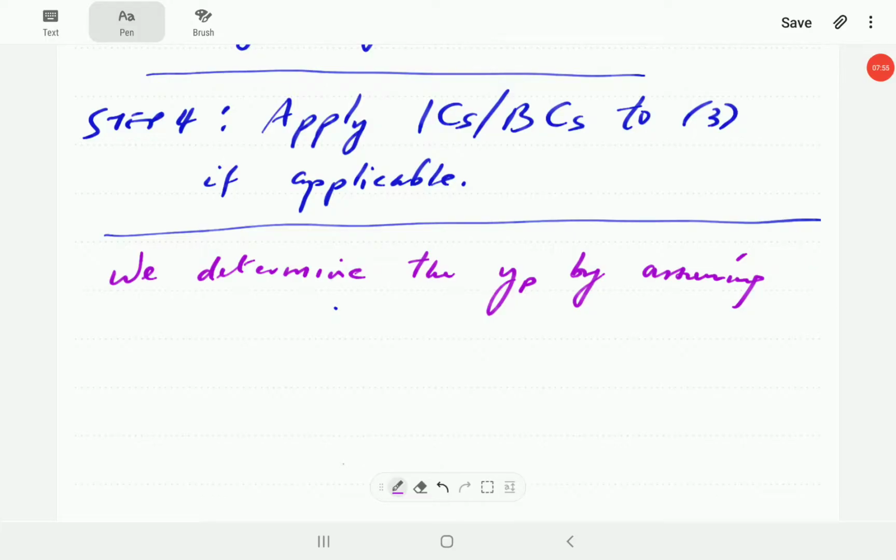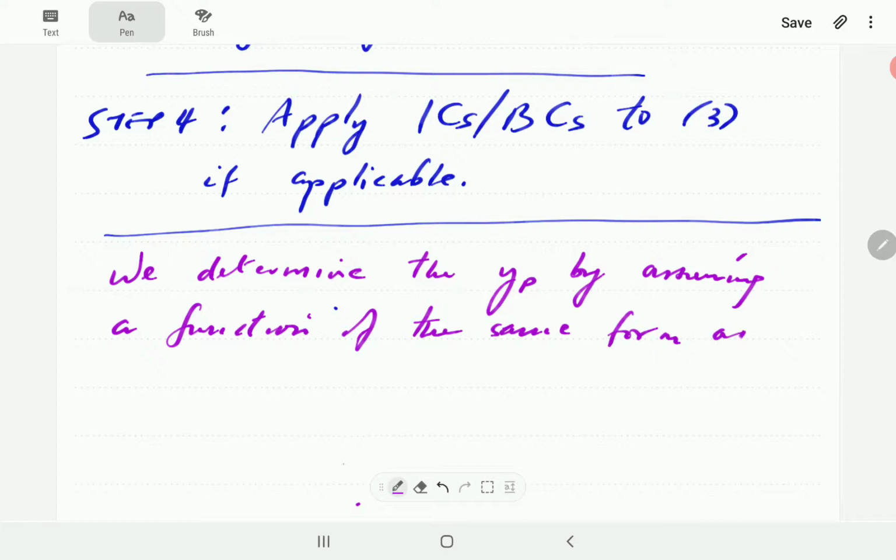So we find yP by assuming a function of the same form as f of x, but this function is going to have some undetermined coefficients.